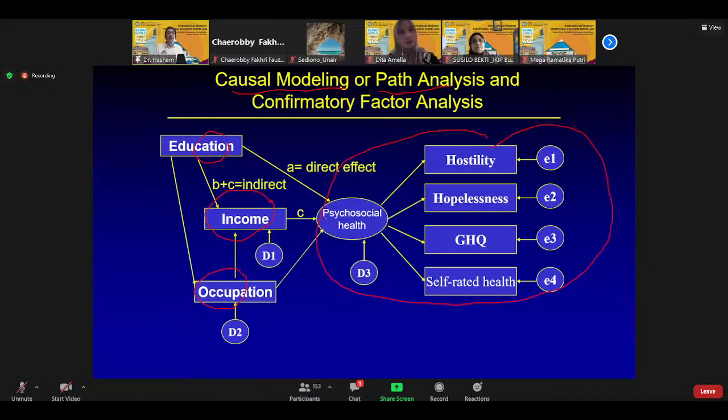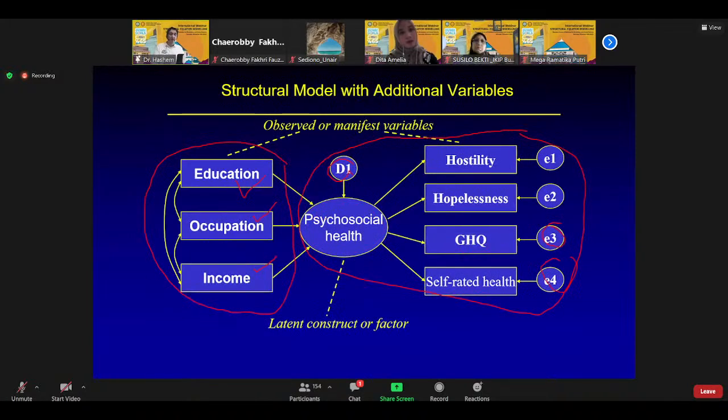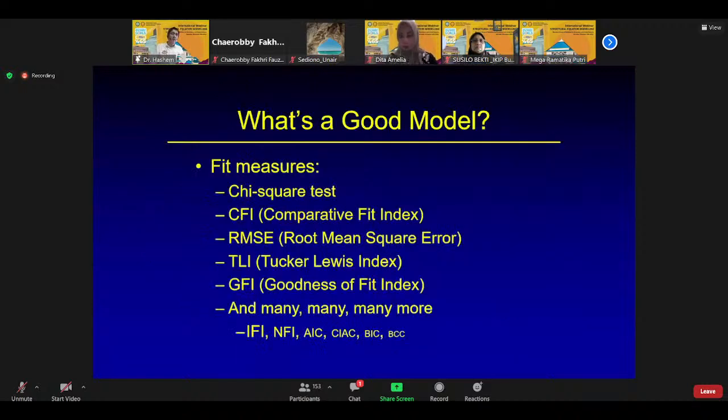And structural equation modeling includes 2 parts: the measurement model, right? And we do it in structural equation modeling with Amos later, and also the structural model, right? So if you design a framework, then you can put the dependent variable and the independent variable.